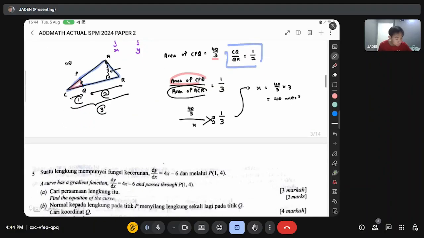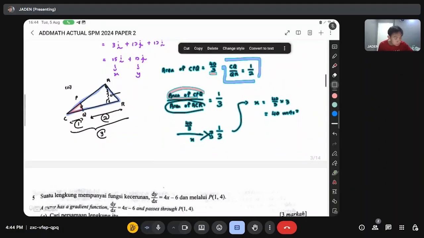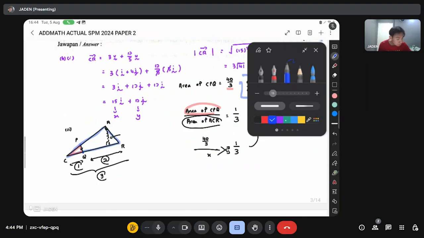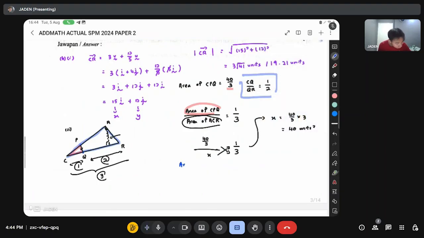Okay, let's just write it down again. Let me just pull this information a bit upwards. I'm going to use blue color. Area of ACR is 40 units squared. And what does it have to do with calculating the shortest distance?